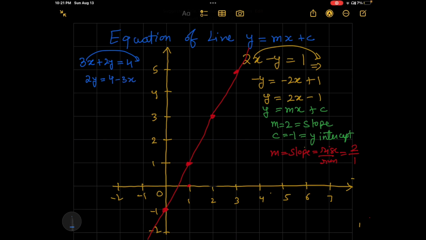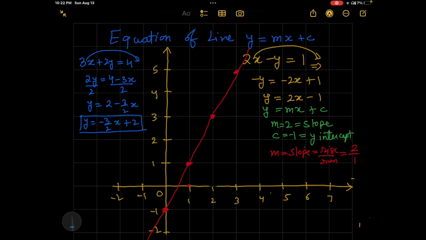And then because we want just y on the left hand side, we can achieve that by dividing by 2 on both sides. That will make it y is equal to 2 minus 3 by 2x, or y is equal to minus 1.5x plus 2. So now again, we have this in our y is equal to mx plus c format.